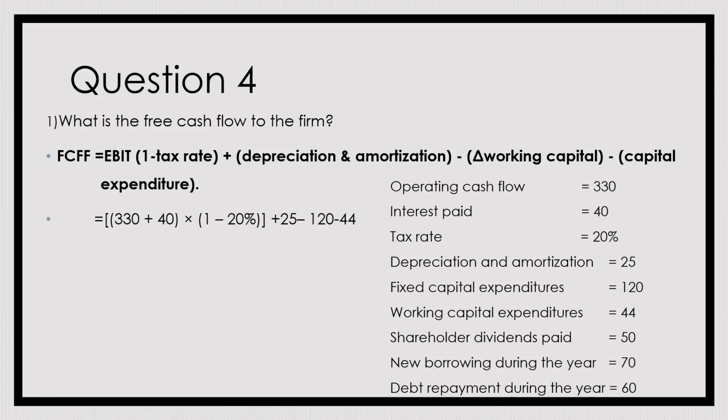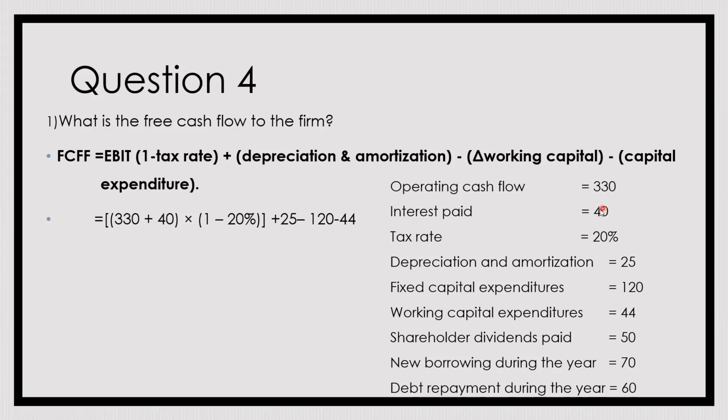Based on that, first we have to take the operating cash flow. So this operating cash flow is the profit before tax figure. For that one, we have already deducted the interest. Therefore, we have to add this interest of 40 rupees back.